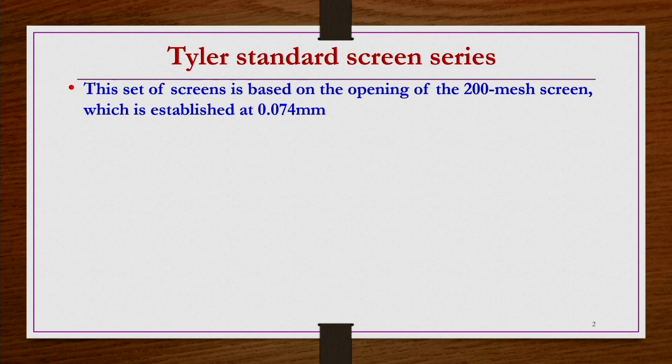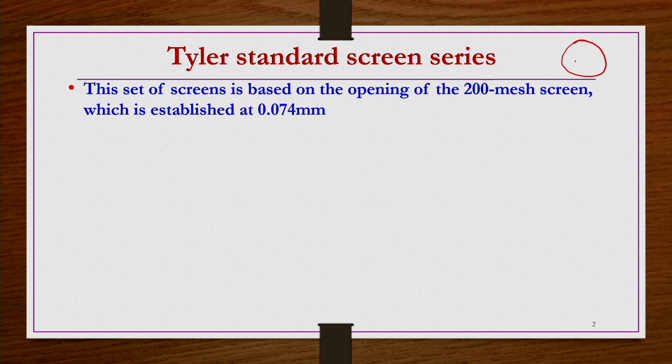In order to do this, we need to know the screen opening. So, for that we have to see what types of standard screens are available. The Tyler screen series is one of the standard ones, right. It has been designed based on the opening of the 200 mesh screen, which is established at 0.074 mm. So, 200 mesh, in the sense, let us say this is the screen that you have.